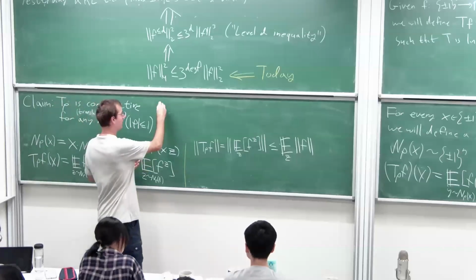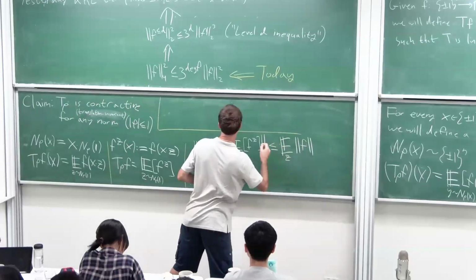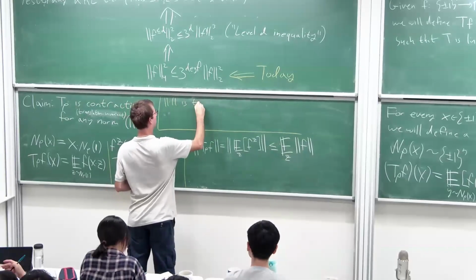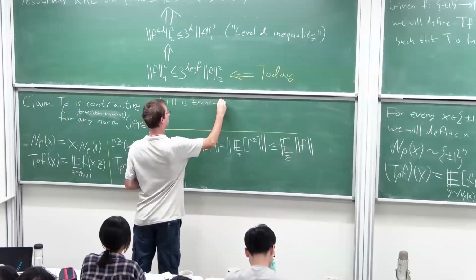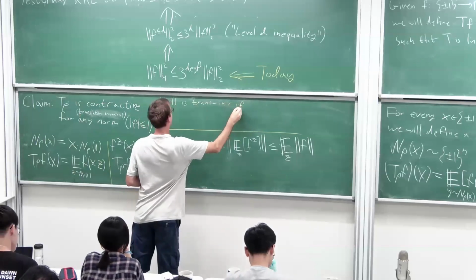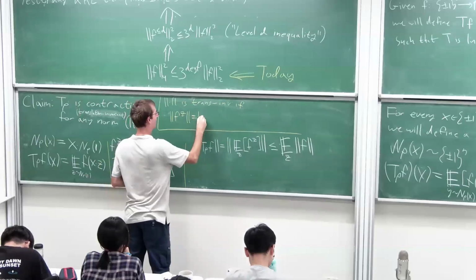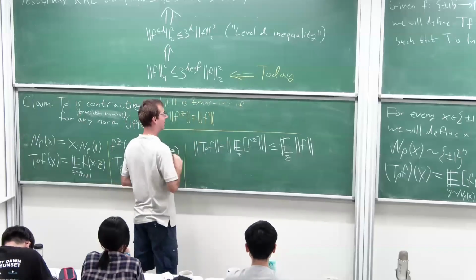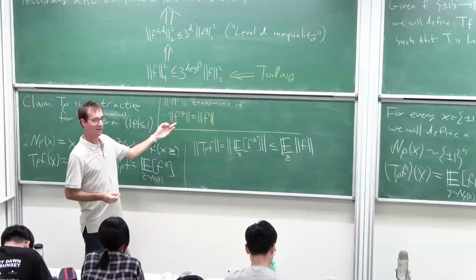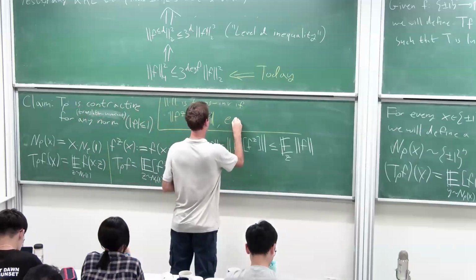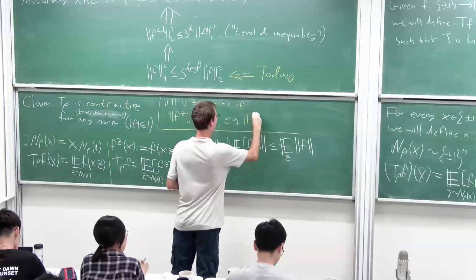So let's write it here. A norm is translation invariant if the norm of f_z is equal to the norm of f. So it's invariant under translations. For example, the Lp norm.